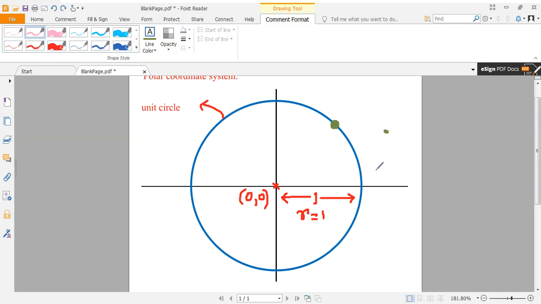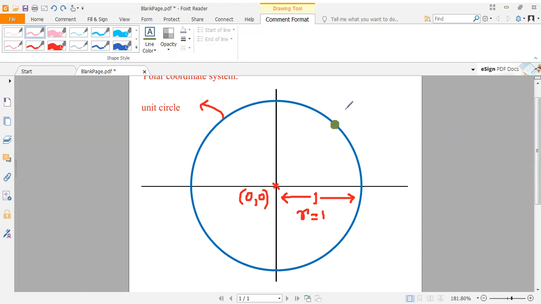So let's say that the point that you have asked me is right here, and very neatly I drew a circle whose circumference passes through this point, right? Now I need to ascertain the location or the position of this point with respect to the origin, because every location is determined on the basis of one particular reference point.